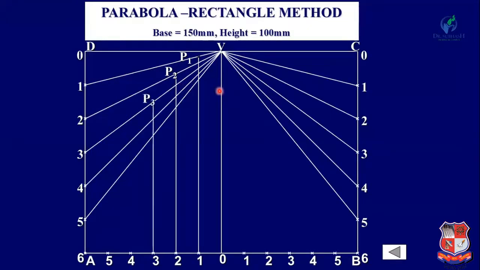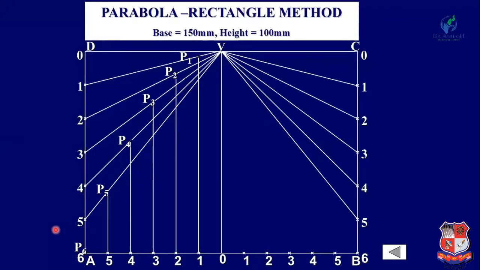Similarly, from point 3 get the point P3, draw the line from point 4 and get point P4, and draw the line from point 5 and get the point P5, and finally P6 will be here.